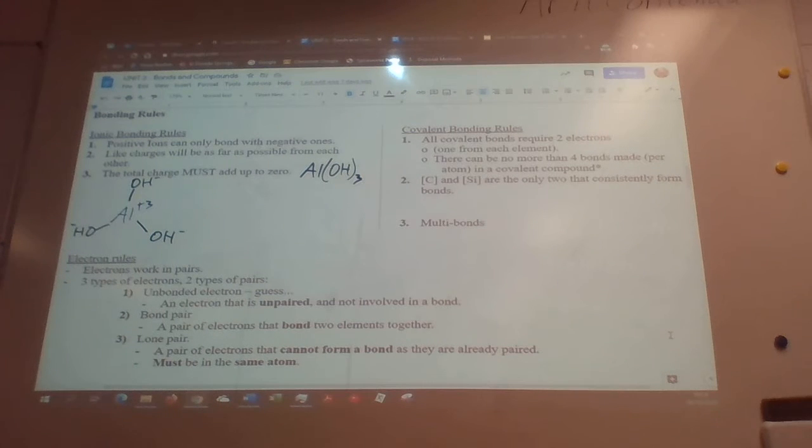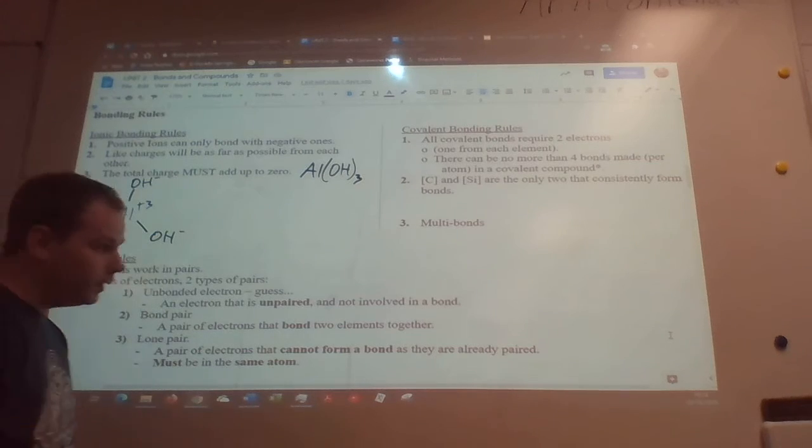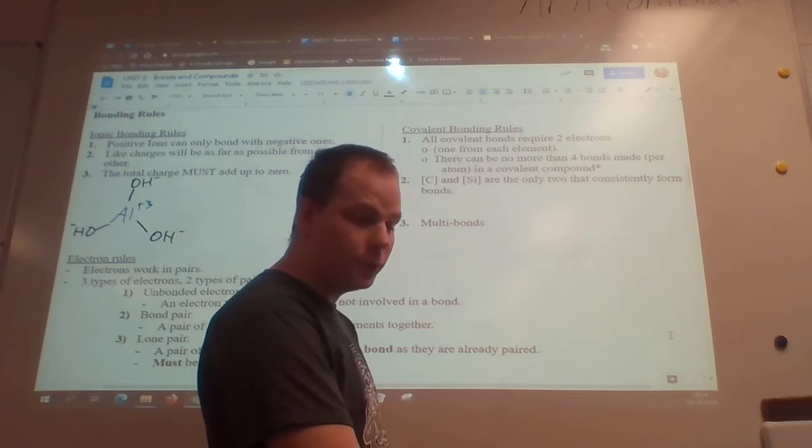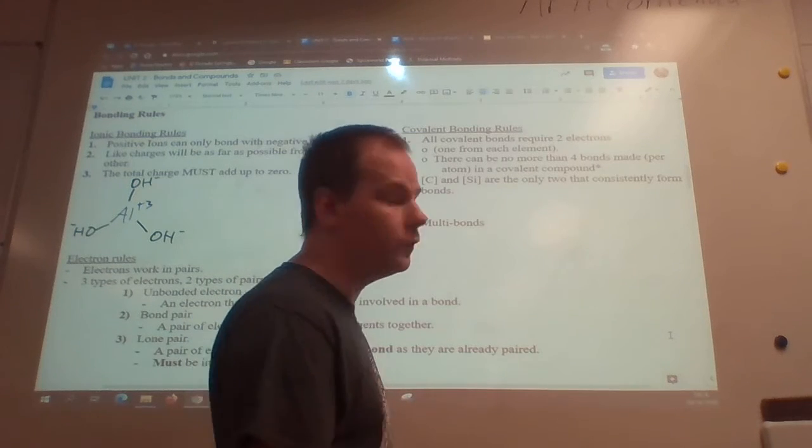Where's my blue? There it is. So I'm going to put up another diagram, a simplified Bohr. I'm going to first put up the water molecule that we used before.